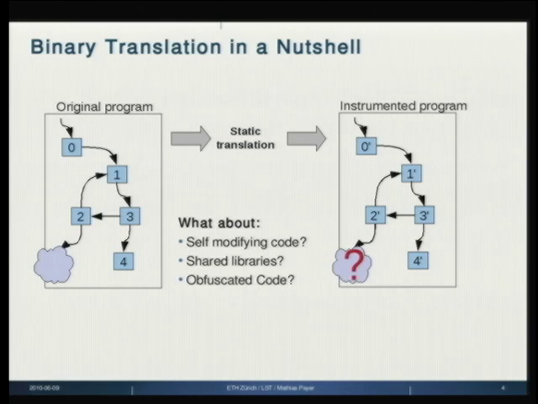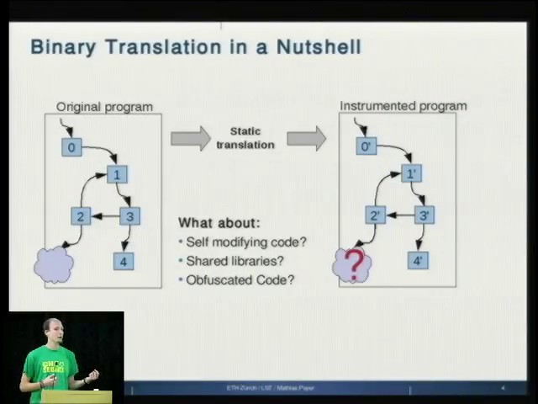There are some drawbacks to static translation. What about self-modifying code? If the code reads itself and modifies itself, or if we have a JIT compiler, we will never be able to instrument these kinds of programs statically because they change themselves and the instructions will not be known at translation time.